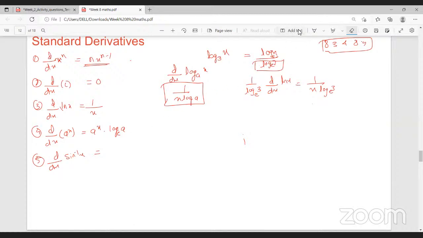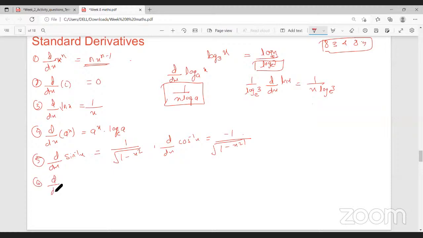Someone asked about the derivative of inverse functions. The derivative of sine inverse x is 1 upon the root of 1 minus x square. Same for cos inverse, but only the minus sign is there: minus 1 upon root under 1 minus x square.